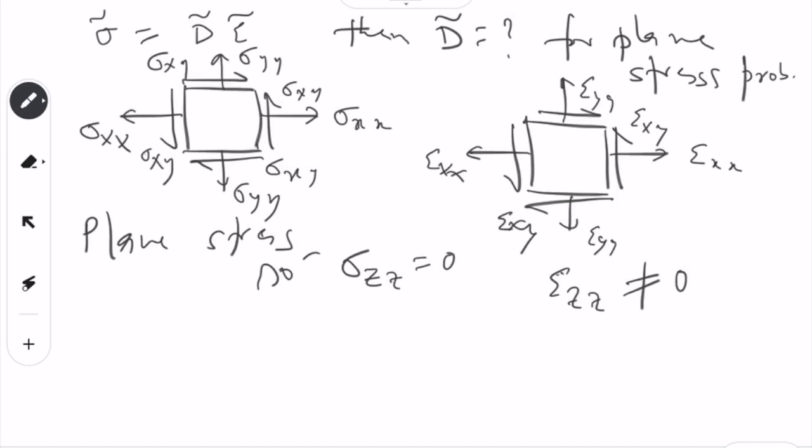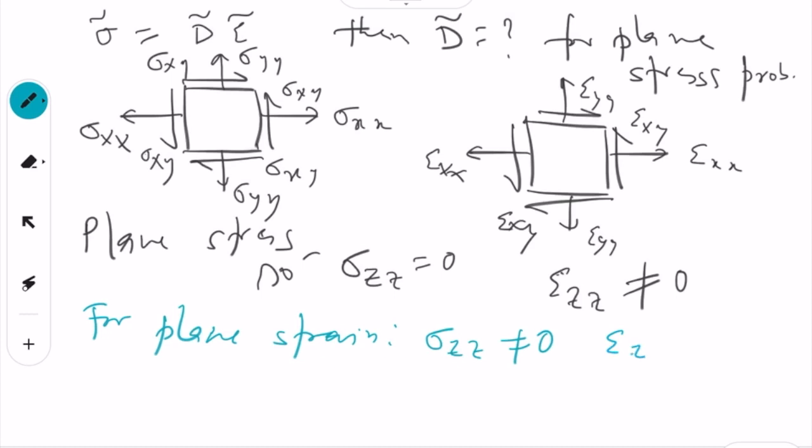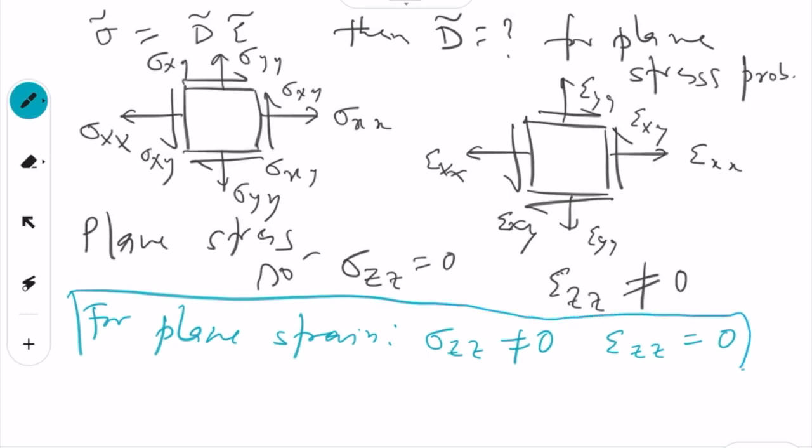However, I will also include here plane strain: sigma zz not equal to 0, but epsilon zz is equal to 0. So this is the difference.